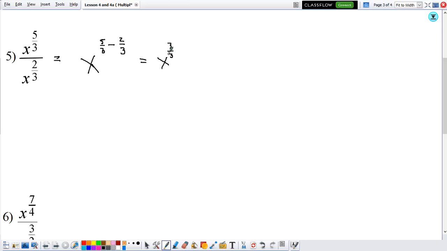Even though this can become 1, and this can just be x, because 3 divided by 3 is just 1, let's omit that and actually write this in radical form. So now this becomes x, my root is 3 because my denominator is 3, and my numerator is 3, so that means that my exponent is 3 as well.